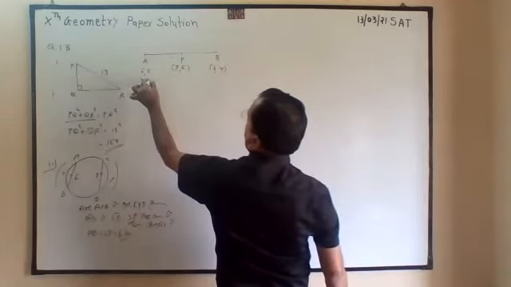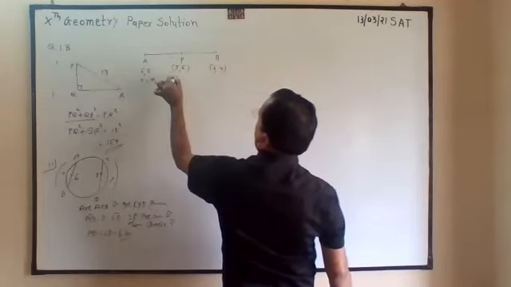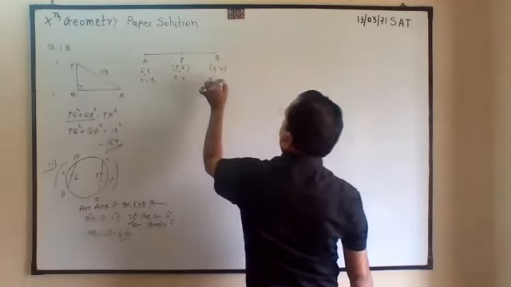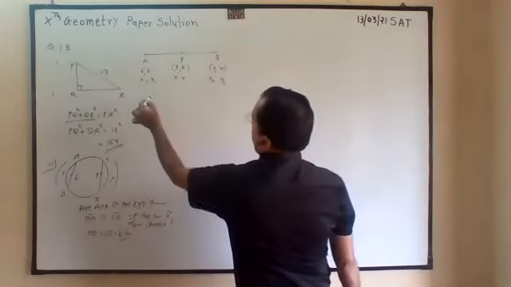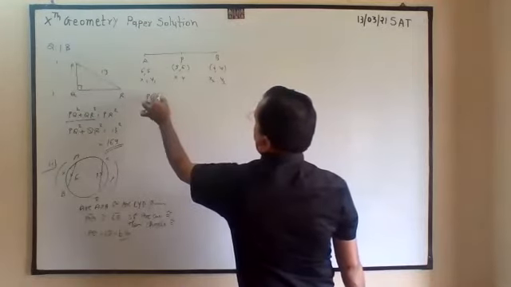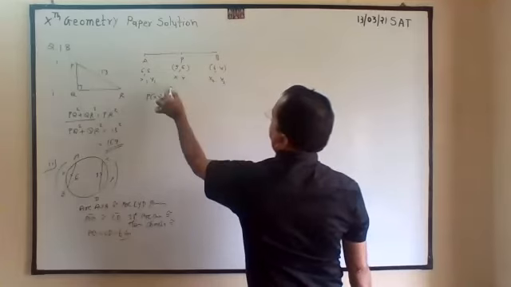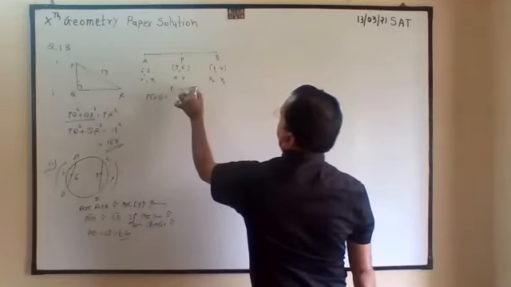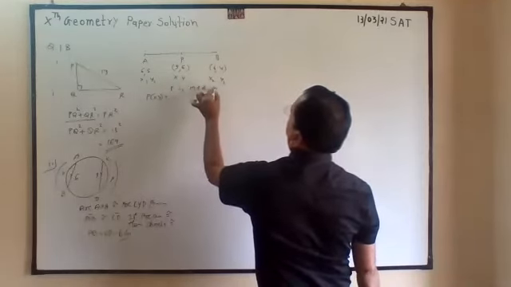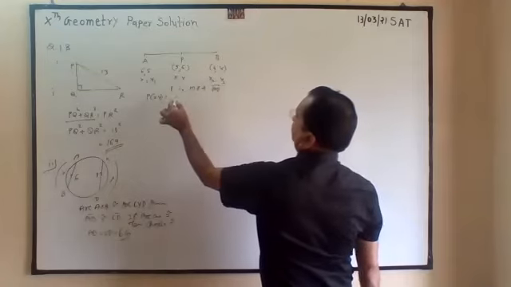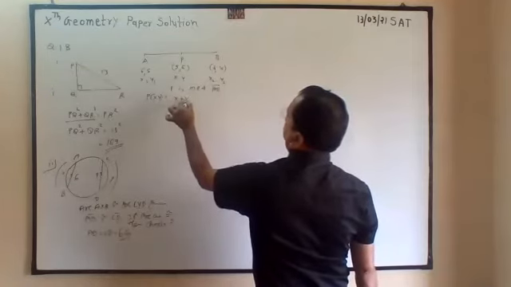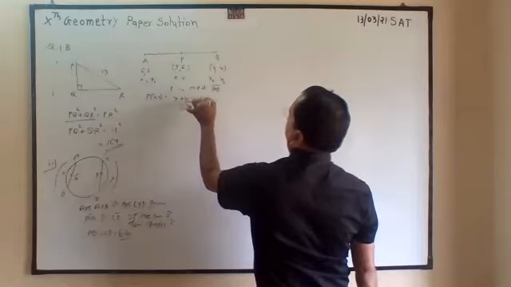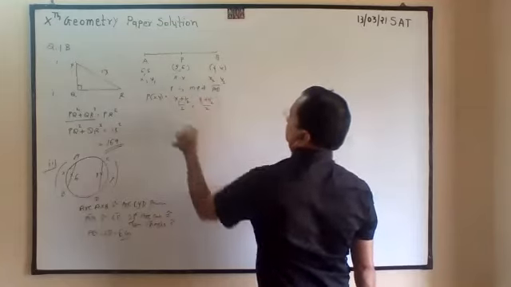So this is (x1, y1) and this is (x2, y2). Now P(x, y) is the midpoint of AB. Therefore, P(x, y) is equal to ((x1 plus x2) divided by 2, (y1 plus y2) divided by 2).